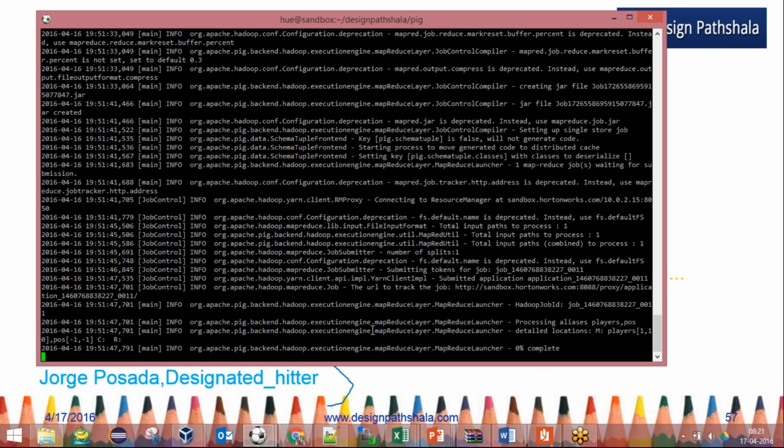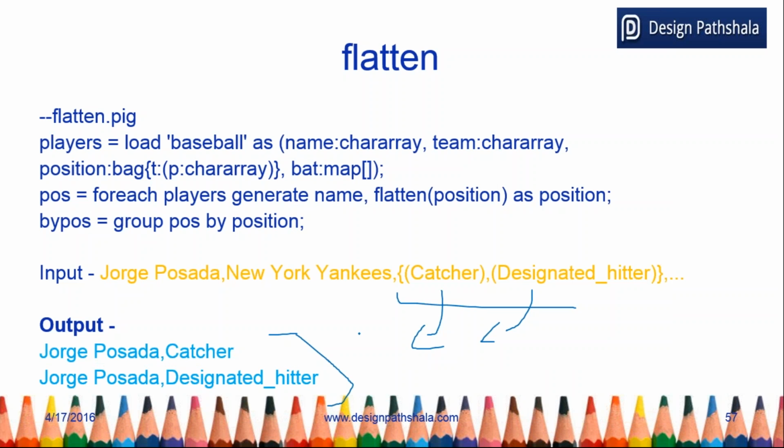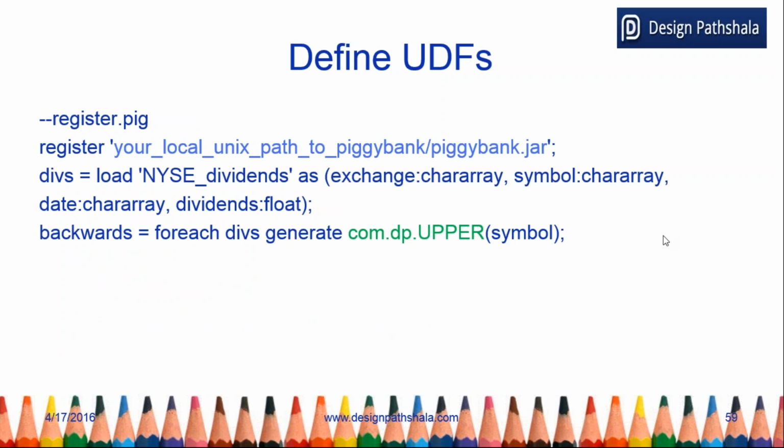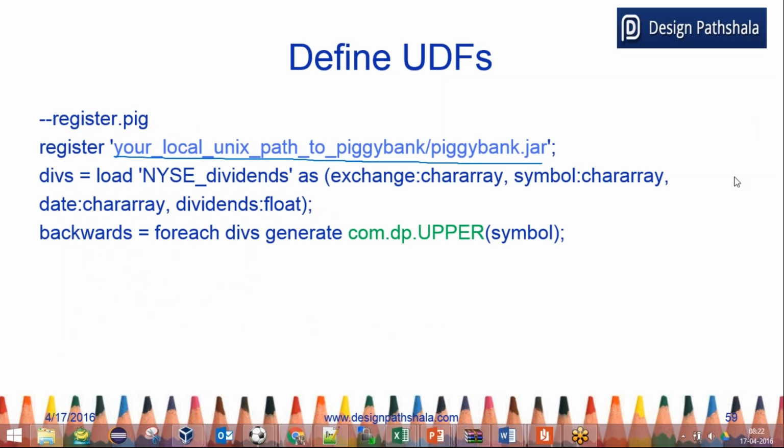It will take some time to run. So in the meanwhile, we can look at the further slides. UDF, so similar to Hive, you can also create your UDFs over here. You have to just extend a class and implement a function, and that will create your UDF, compile it as a jar, register that jar, add that as a function name, and start using that.